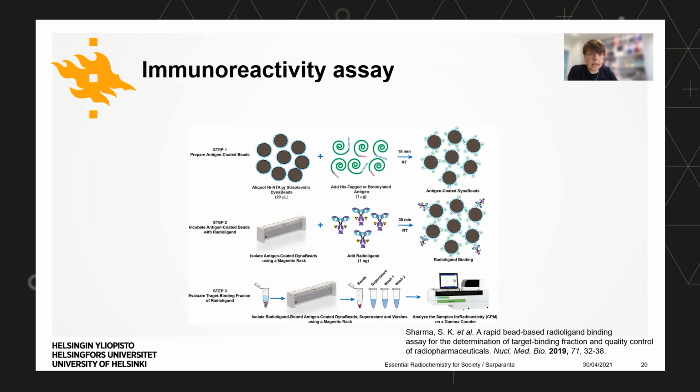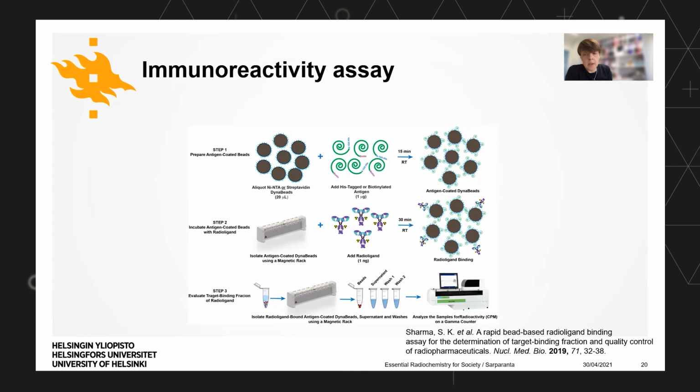What happens here is that instead of using cells that express the antigen, we use the his-tagged antigens on magnetic beads to determine the immunoreactive fraction. Essentially, the amount of radiolabeled antibody that is recognizing or binding to the antigen-decorated beads. My very good colleague, Shai Sharma from the Lewis Lab, has put out a quite nice description on how to do this. So please look that up if you're interested in using the method.